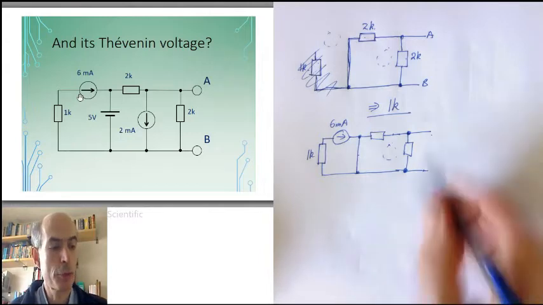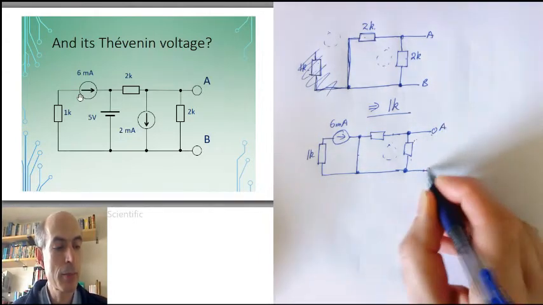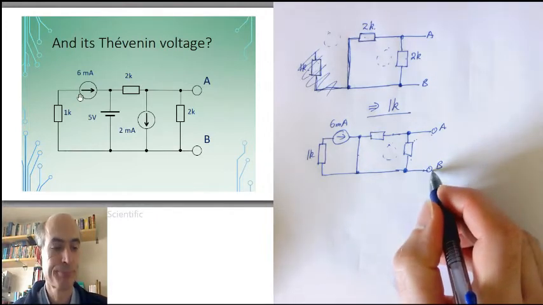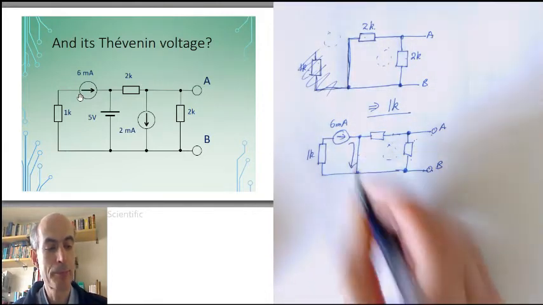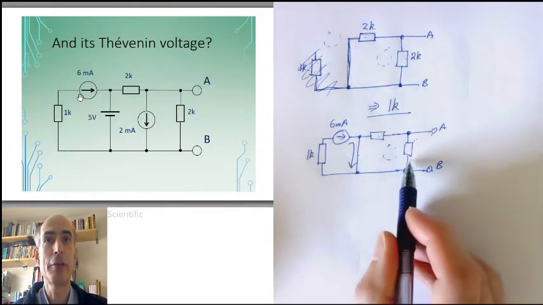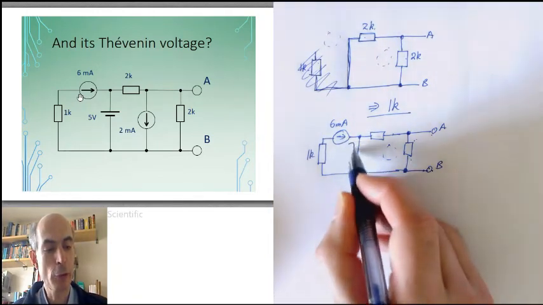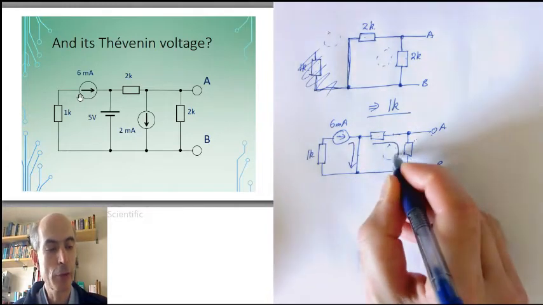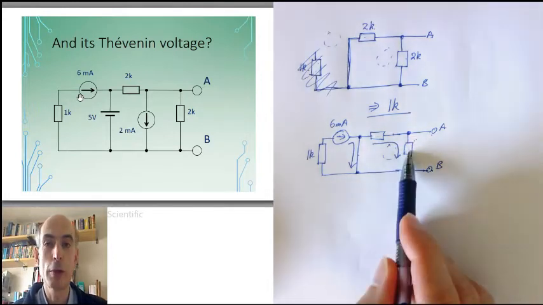Okay, what would the contribution to the output voltage between A and B be in this case? The answer is nothing. Because all of this 6 milliamps is going to flow down through here. This behaves like a current divider. The 6 milliamps is divided between a current flowing through a short circuit, just a wire, and a current flowing through the 2K plus the 2K, or a total of 4K.